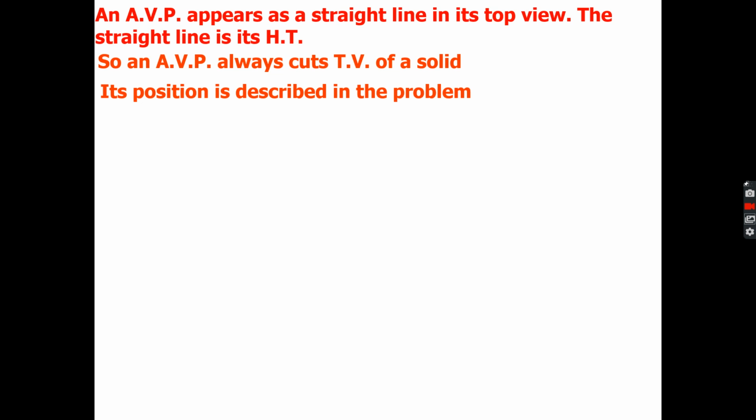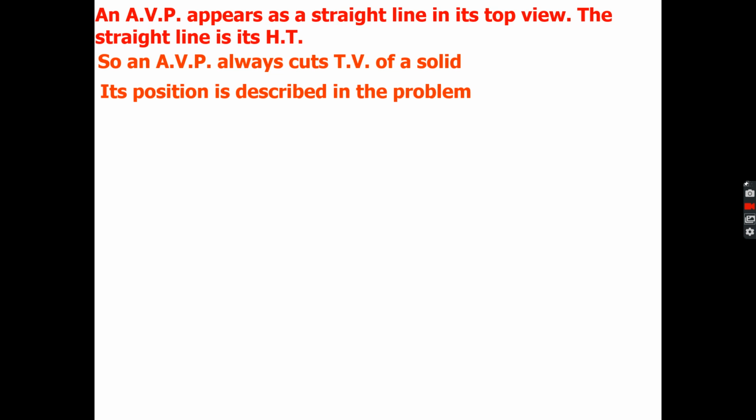By using AVP, we want to cut a solid. So how will you cut it? Suppose there is a 3D object, we want to cut it. If you want to cut a 3D object, you can cut it with the help of a plane, right?